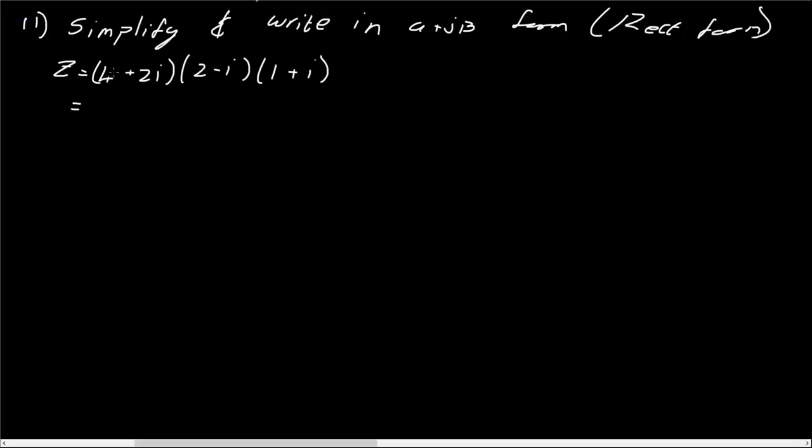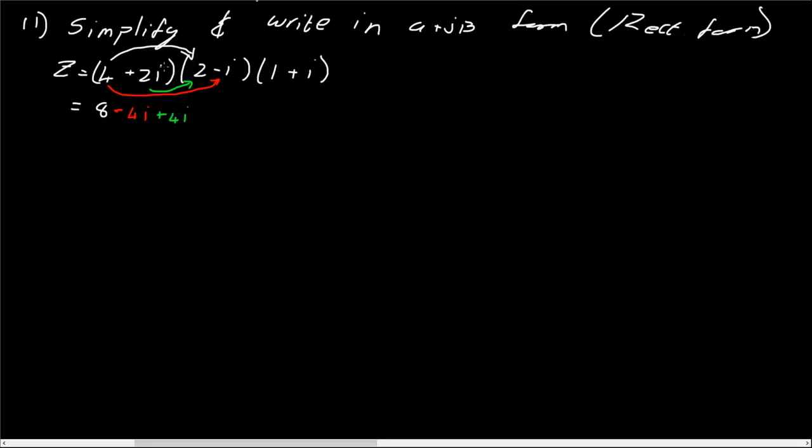Alright, so we're just going to use the FOIL rule. So let's start with these first two brackets, and we're just going to carry the last one until we're finished with the first two brackets. So let's do firsts. 4 times 2 is 8. Then outers, which is minus i times 4 is minus 4i. Then inners, 2i times 2 is plus 4i.